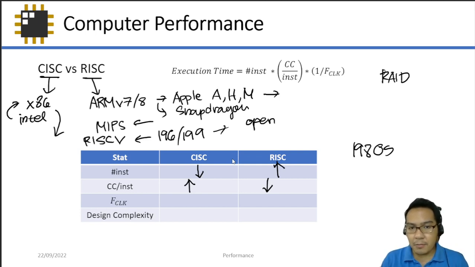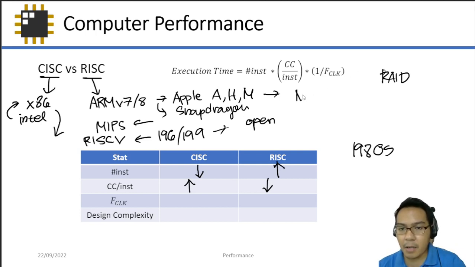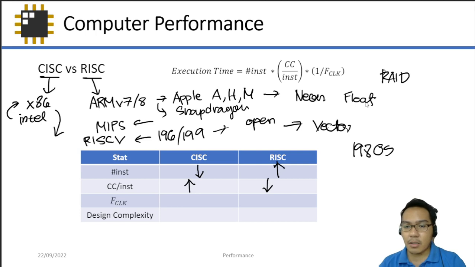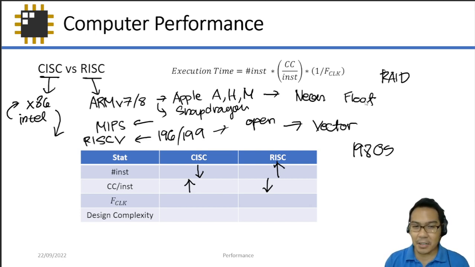For example, for ARM, you have ARM Neon, which handles floating point operations. You have the RISC-V vector extension, which handles vector operations. Those basically make your RISC computer CISC because they're adding more special instructions to your reduced instruction set. So the instruction set is no longer particularly reduced, and the line between CISC and RISC is starting to blur.